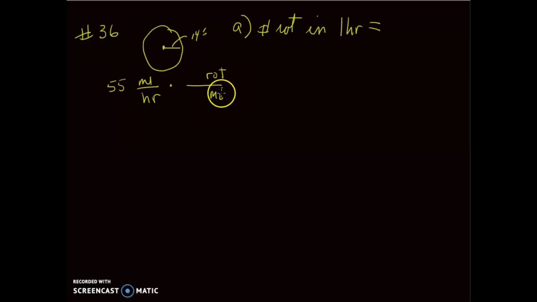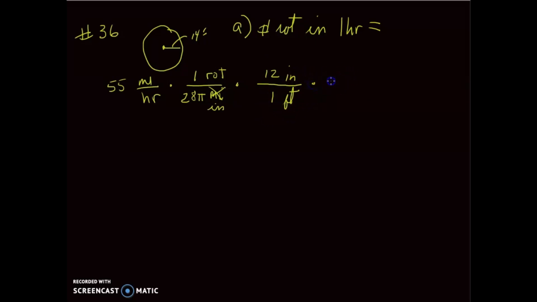I know that one rotation is a circumference, which is 2 pi times 14, or 28 pi inches. If I want to cancel the inches, I need to put inches up here and get to feet. I know that 12 inches is 1 foot.